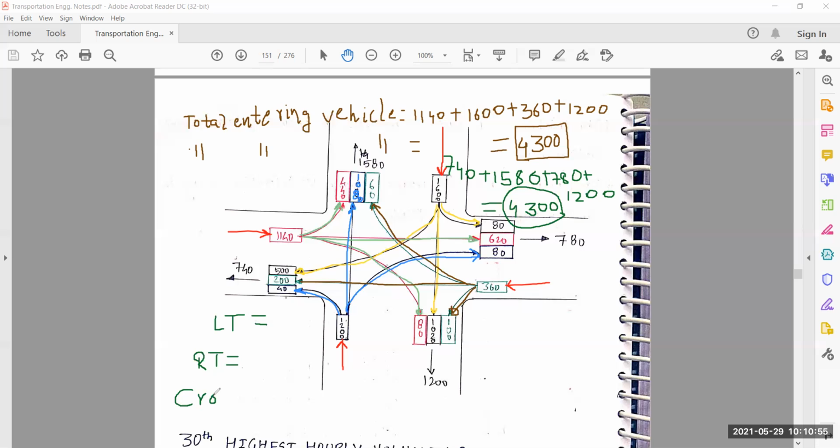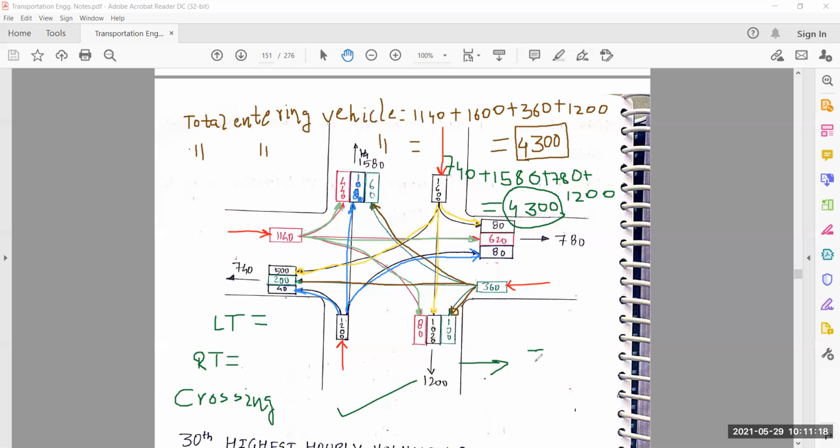All this data we find from this traffic flow diagram. So it is also a method by which we represent our traffic volume. I think I covered all the things. This is a figure for the traffic volume diagram at intersection.